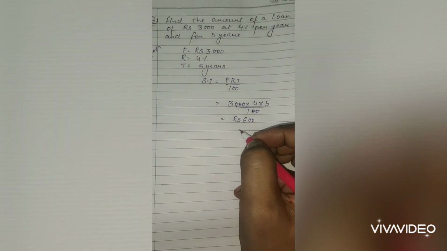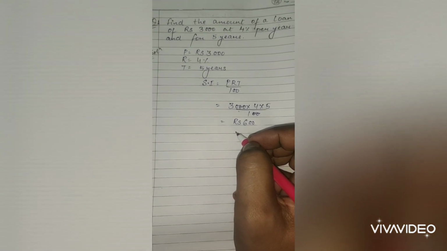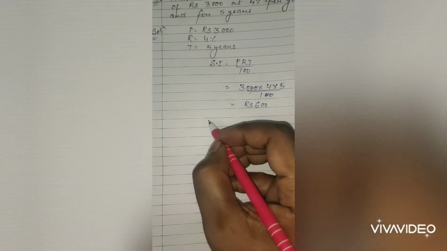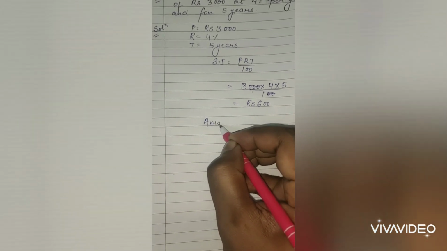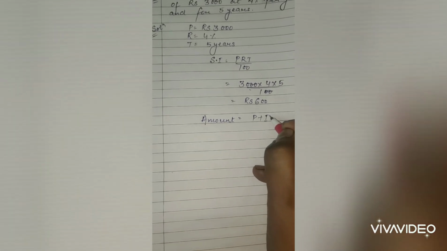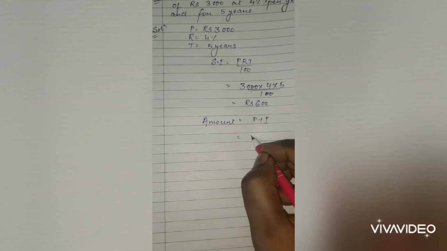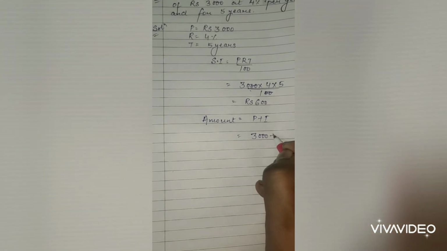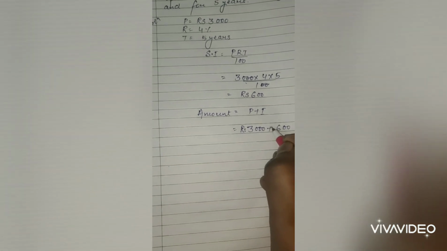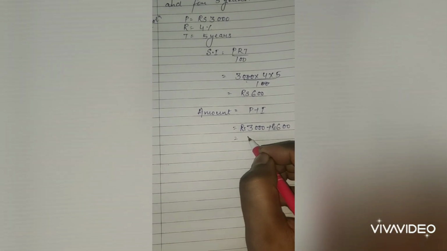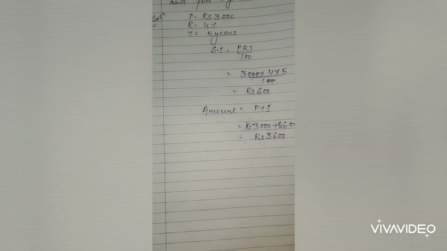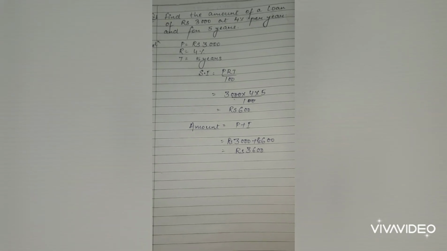Now the question is asking to find the amount. As I have told you, the formula of amount is equal to principal plus interest. So principal was 3000 and interest is 600 rupees. So your answer will be rupees 3600. I hope you have understood.